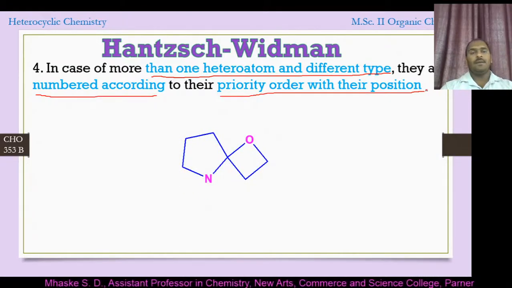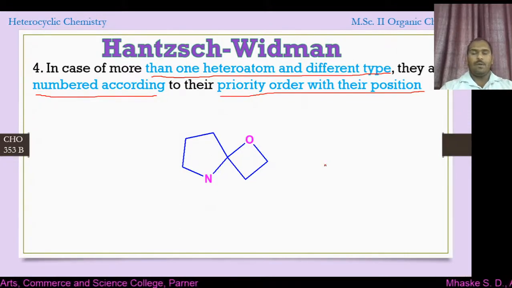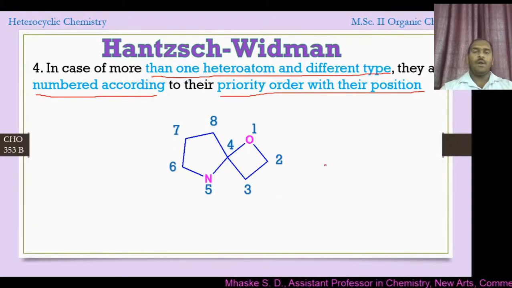Here we have taken a compound in which there are two heteroatoms. One is a nitrogen and the other one is an oxygen. This is a three-member ring. Here it is a four-member ring. So according to priority, oxygen has higher priority than nitrogen. So we have to start the numbering from the oxygen. So 1, 2, 3, 4, 5 to the nitrogen, 6, 7 and 8.